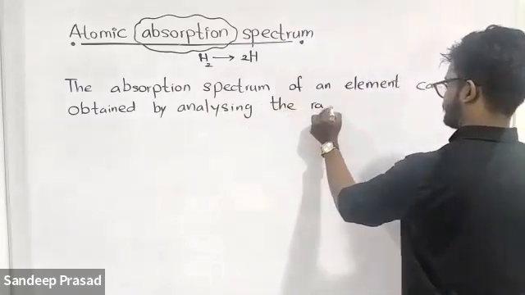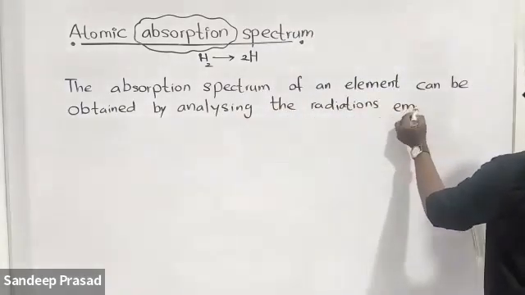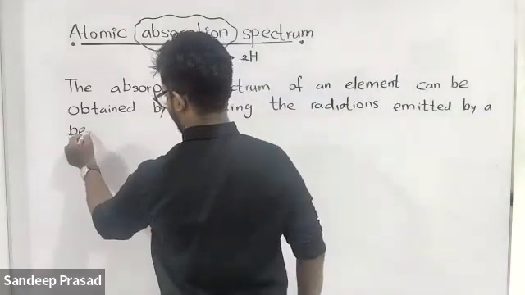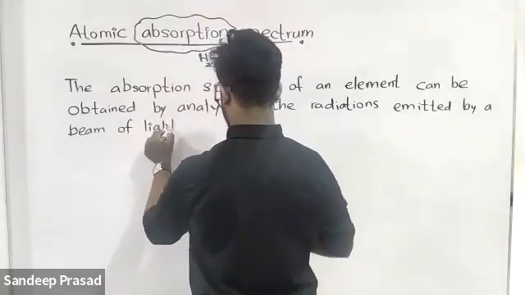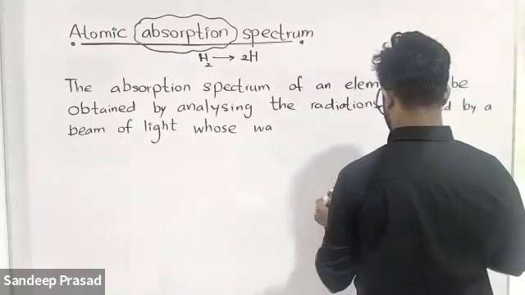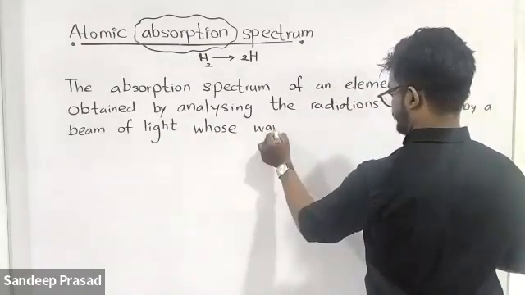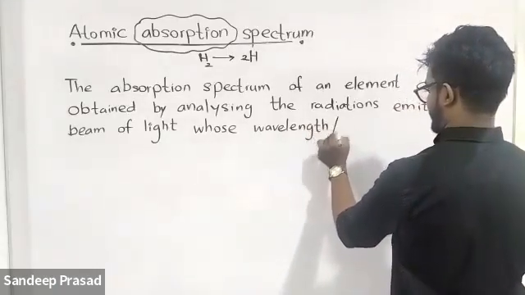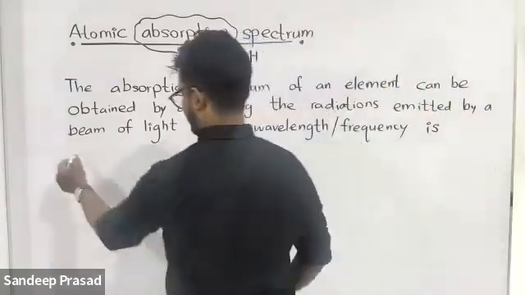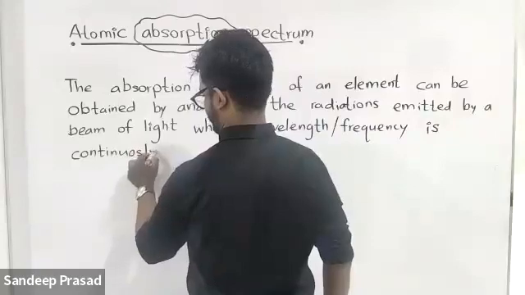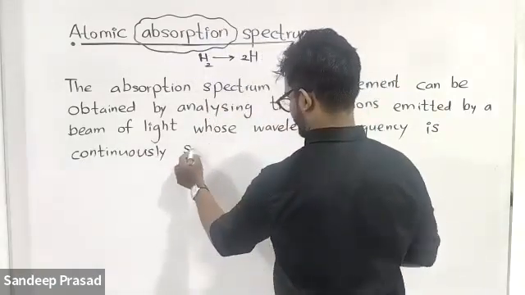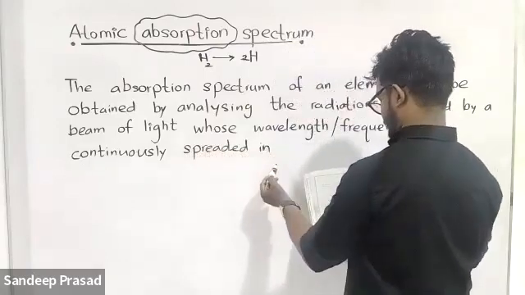the radiations emitted by a beam of light whose wavelength or frequency is continuously spread in a certain range.